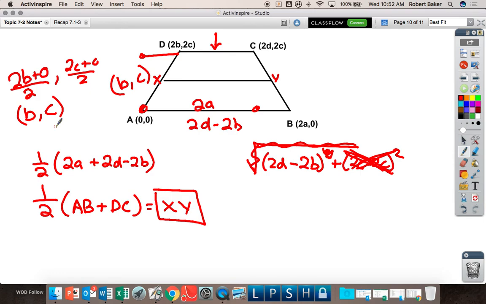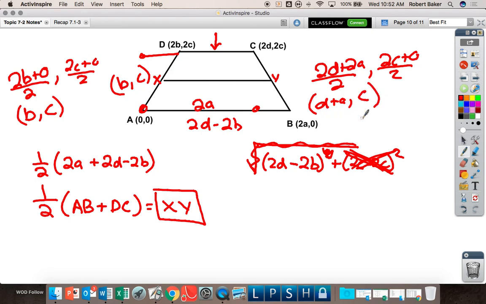So if I add my x's together, 2D's plus 2A's, comma, 2C's plus 0, what is 2D's divided by 2, 2A's divided by 2, 2C's divided by 2? So this is at D plus A, comma C.